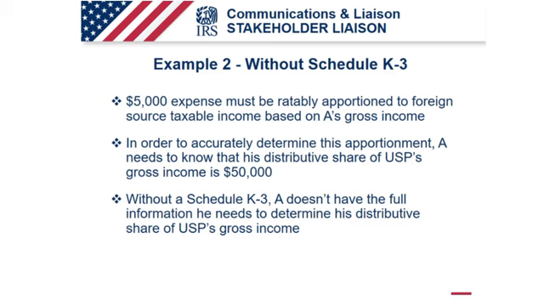The K-1 does not give you a clear total amount of distributive share of gross income. And so the K-3 is going to be what you need to get that information. And without that, you cannot determine the correct amount of foreign taxable income for purposes of determining your foreign tax credit limitation.